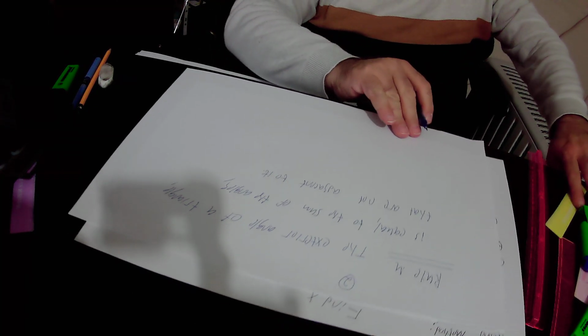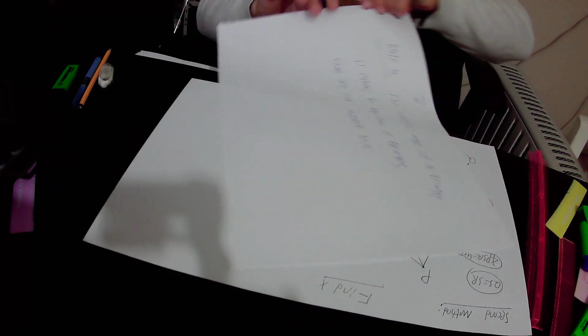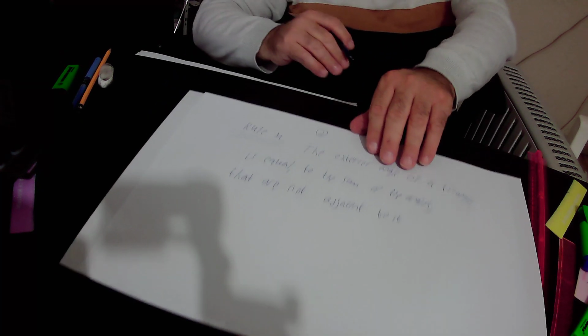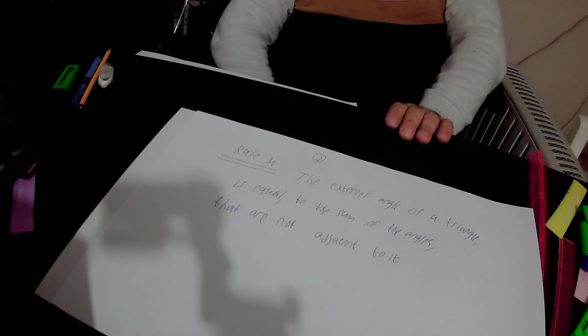So I'll read rule number 4 again. According to rule number 4, the exterior angle of a triangle is equal to the sum of the angles that are not adjacent to it.